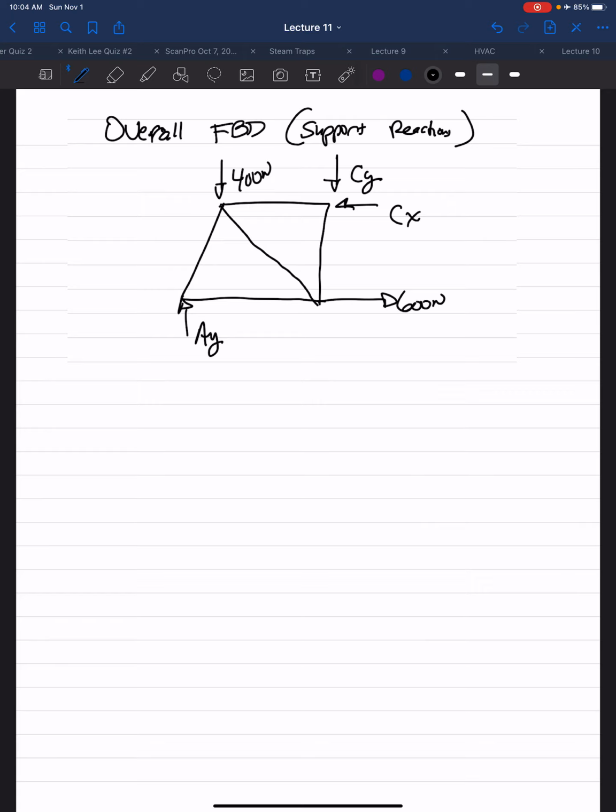So we know our CY we calculated is 200 newtons. Our CX, we said, is 600 newtons. And our AY is 600 newtons. So now, if we start at joint A, we have our AY and we have our force in the member FAB.